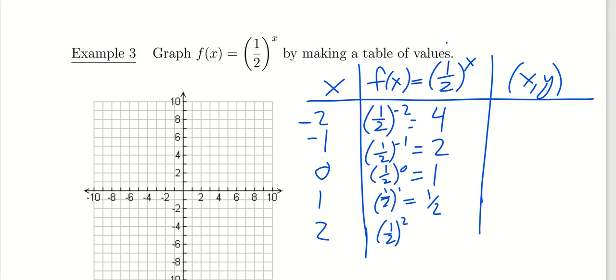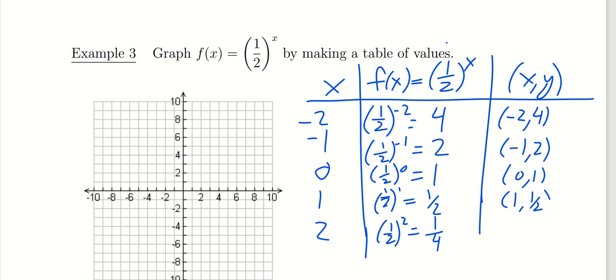And if we take (1/2) squared, that's 1/2 times 1/2. That should give us 1/4. So we get the following ordered pairs for this graph: -2, 4; -1, 2; 0, 1; 1, 1/2; and 2, 1/4.